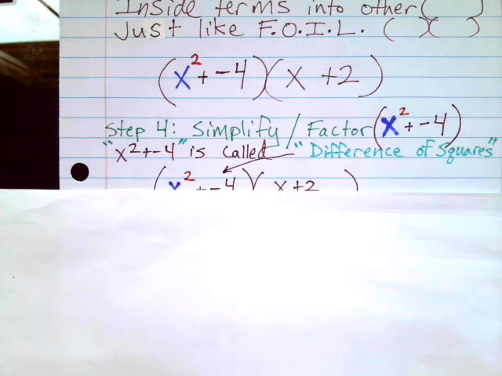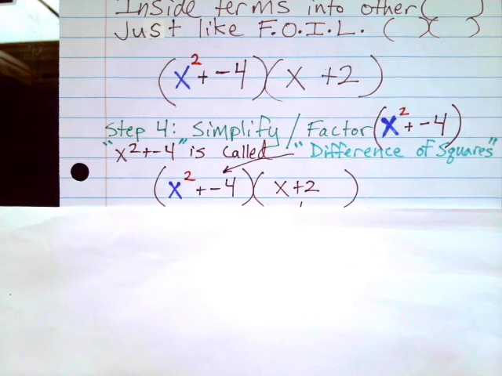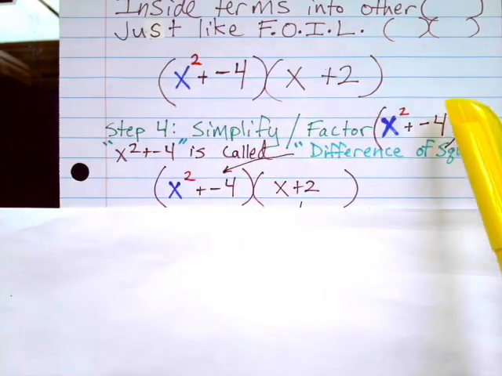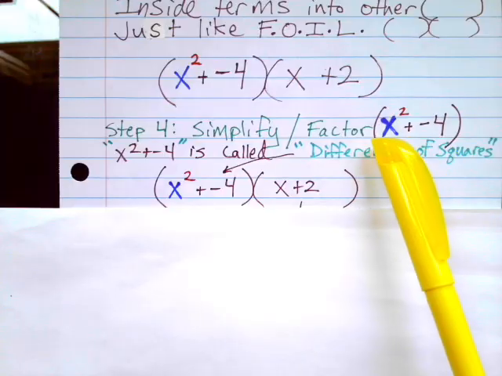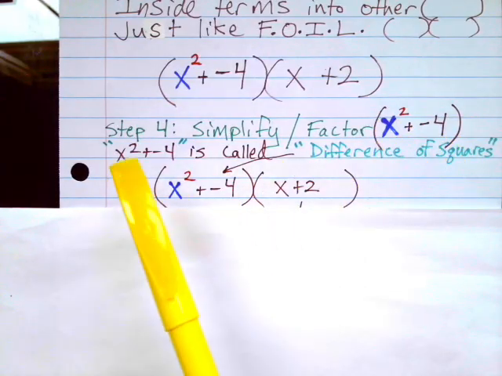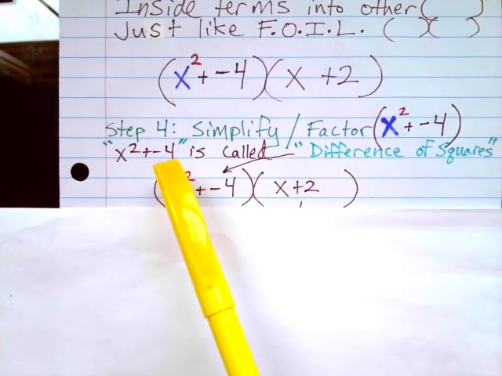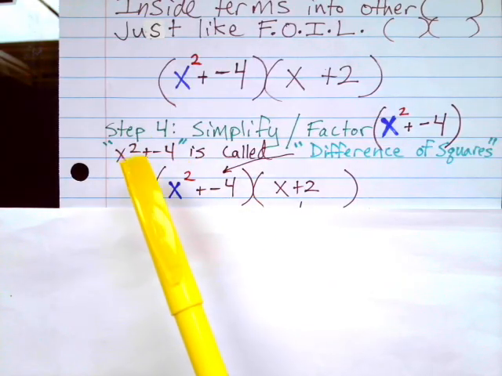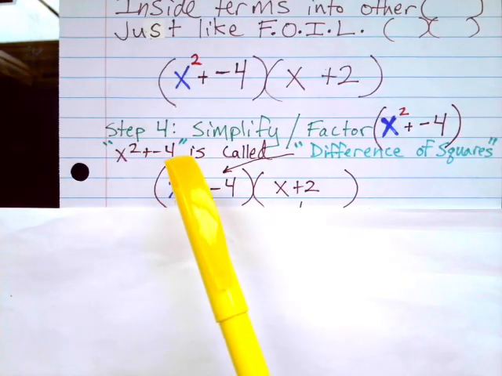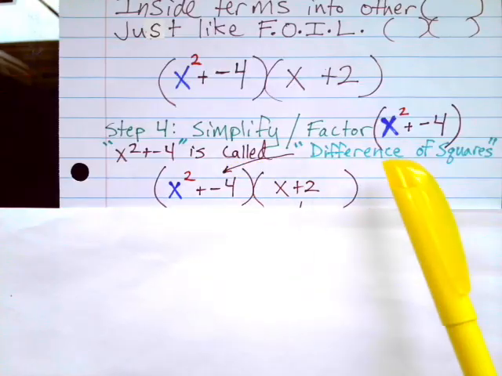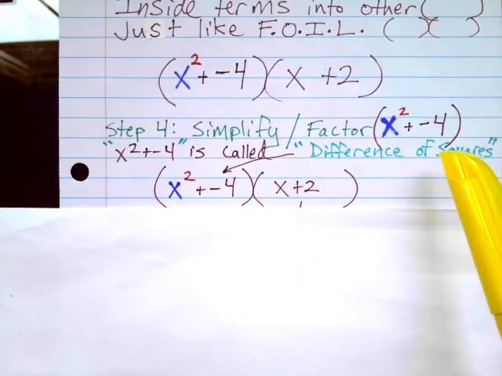Now, one thing you need to understand is that the x squared plus a -4 we can continue to factor. With x squared plus a -4, the x term in the middle is missing, but you have that last term, -4. This is called the difference of squares.